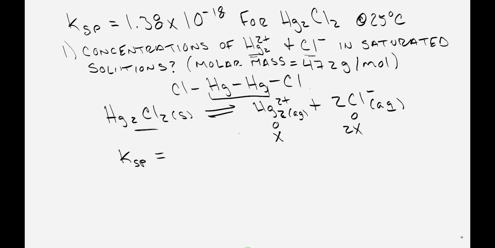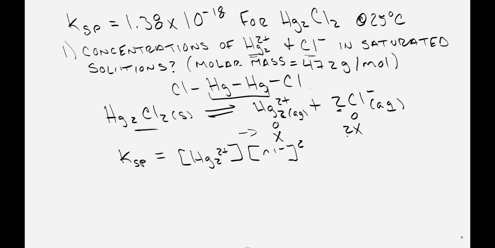So we're only interested in what is going to dissociate. So this will be our concentration of our mercury ion times the concentration of our chlorine ion, and that quantity squared, again because of the coefficient here. Remember, the 2 does not go in here. This would be something that you would determine in lab.